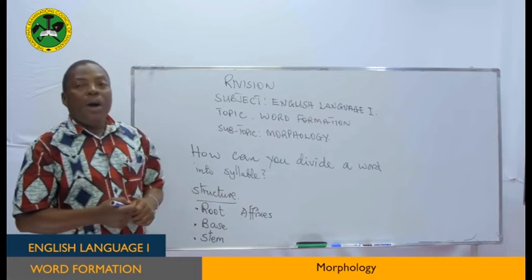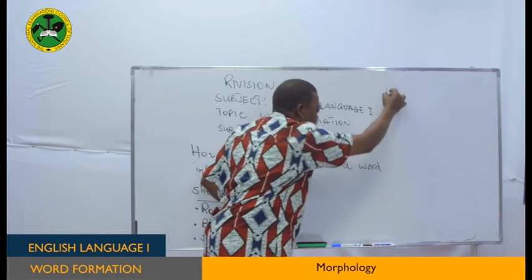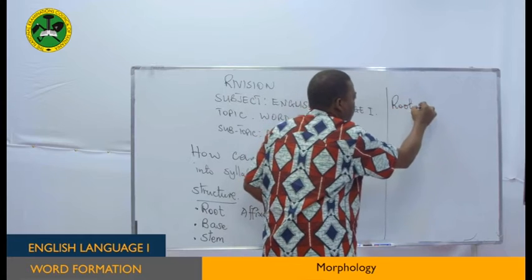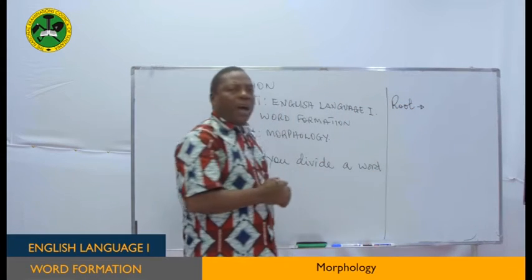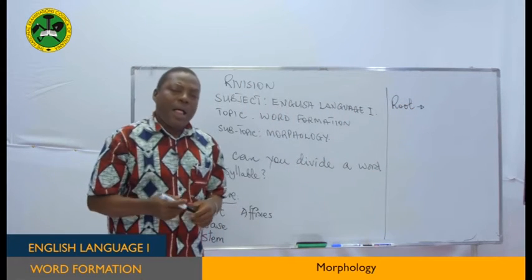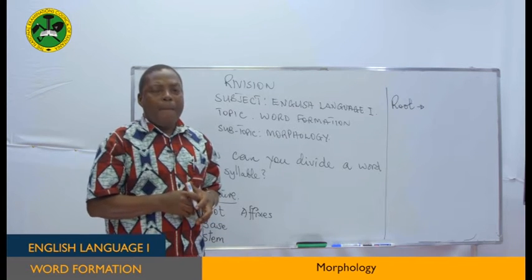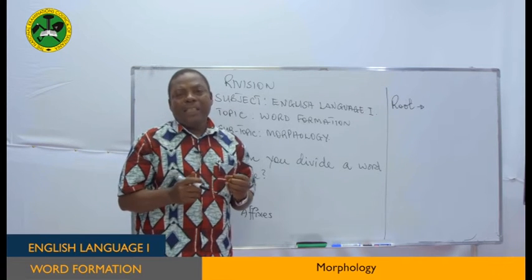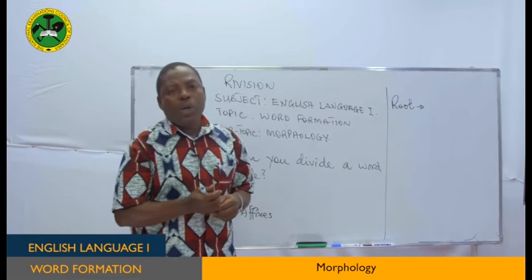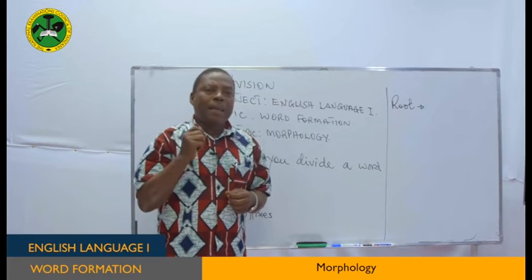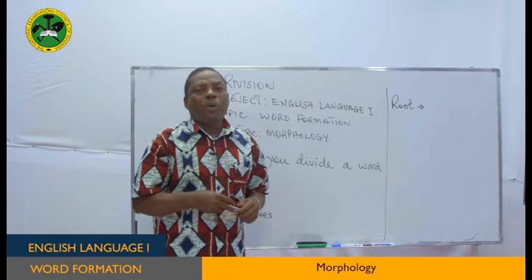Beginning with a root. A root is said to be a basic part of a word. Basic part in a sense that it is the part of a word that carries the meaning that a word wishes to present.